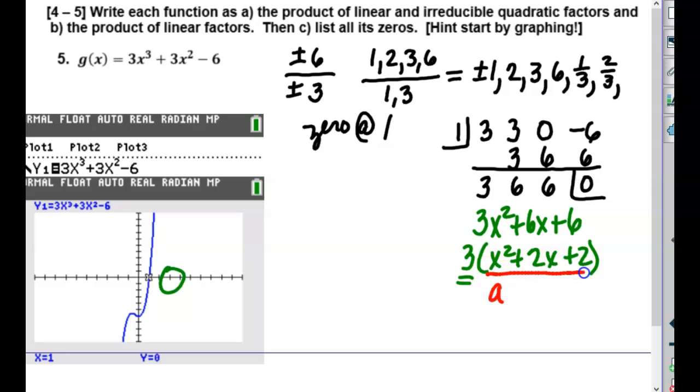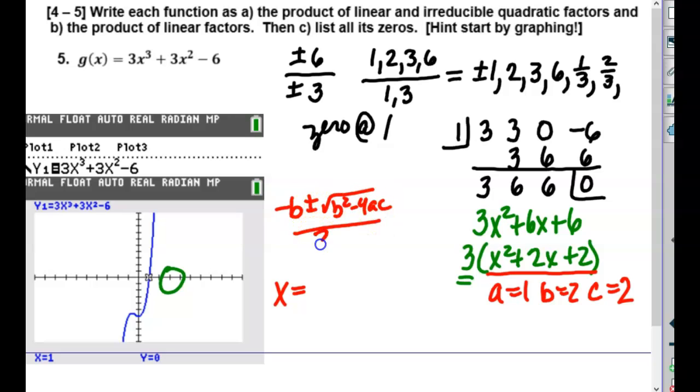We're using this equation right here. So a is 1, b is 2, and c is 2. So we'd have x, do I need to write the quadratic equation on your notes again, or you got it? Should be in there from yesterday, but it's negative b plus or minus square root of b squared minus 4ac all over 2a. It's supposed to be in your brain.